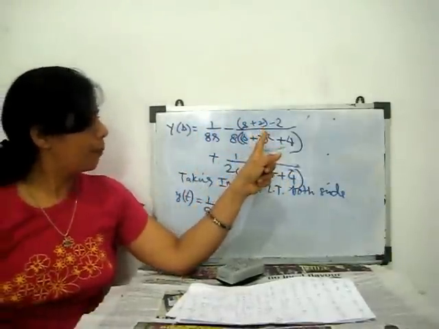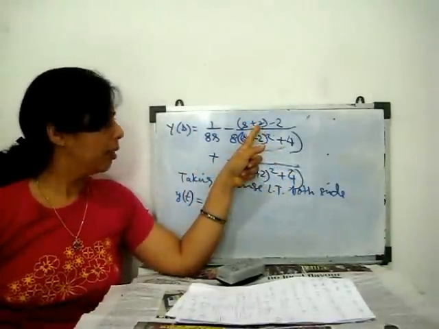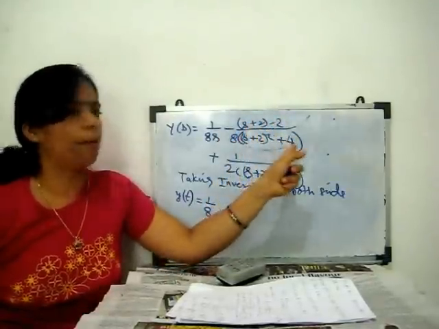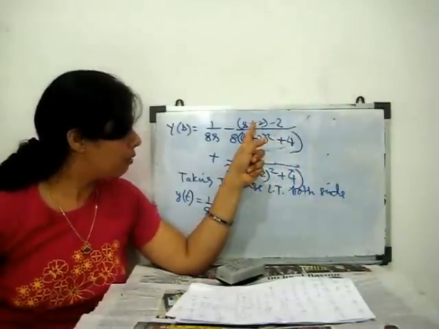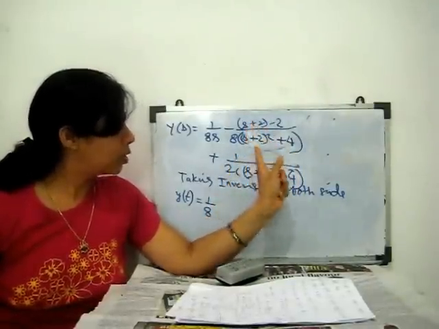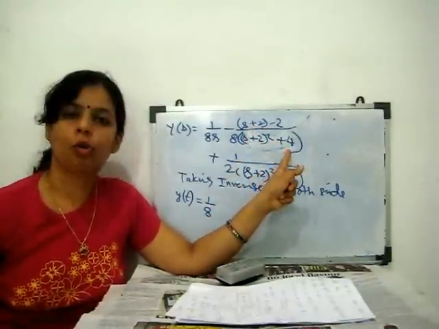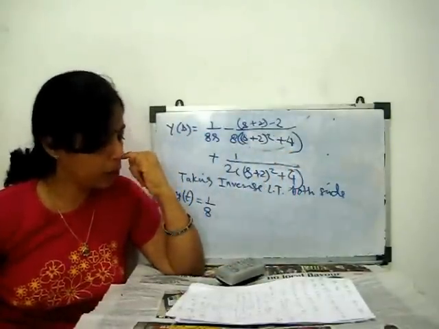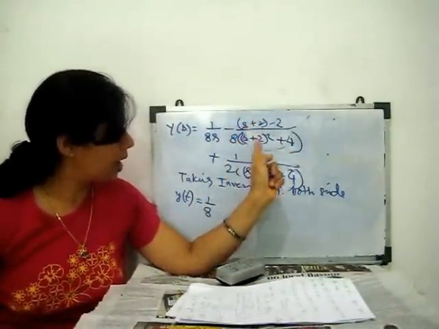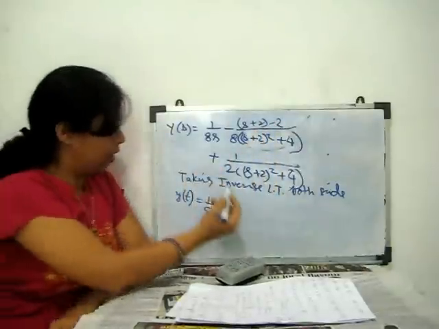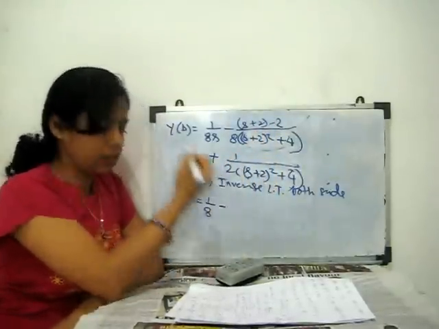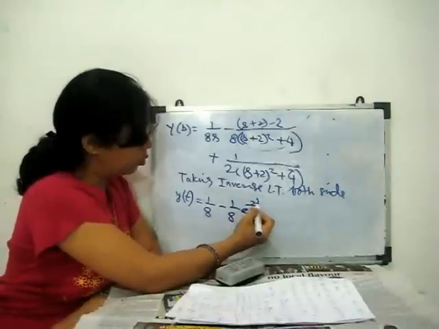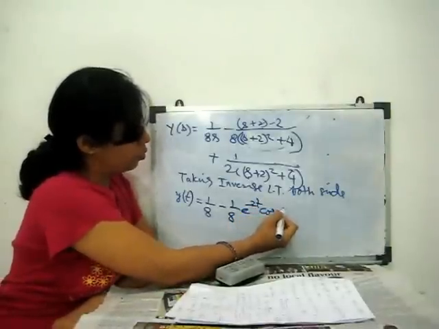Clear? So now see there are two parts: one factor with this, other one is minus 2 upon this. With (s plus 2) whole square plus 4 means e to the power minus 2t, and s by s square plus 4 is cos 2t. So minus 1 by 8 e to the power minus 2t cos 2t.